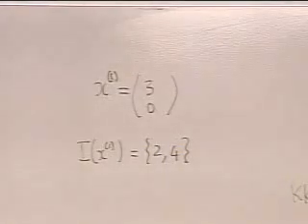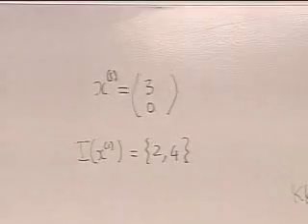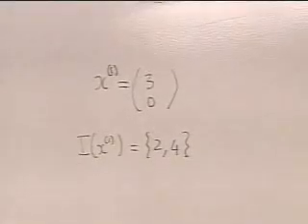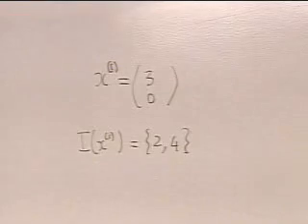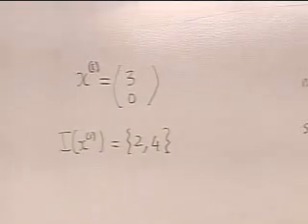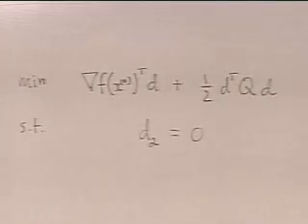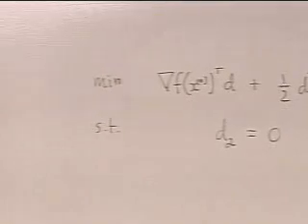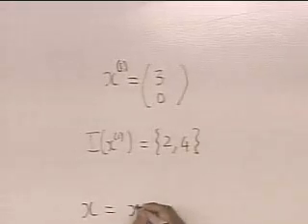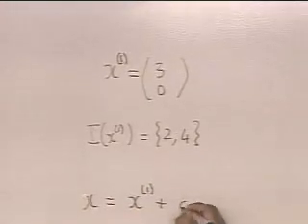Okay, so we do the find direction. So now we have to find a QP where all the constraints that were tight are going to be tight here. So the second constraint says that D2 must be equal to 0. That's coming from this. What is the constraint that's coming from there? Let's just write it in terms of the deviation. So x is equal to the current point x1 plus the deviation d.